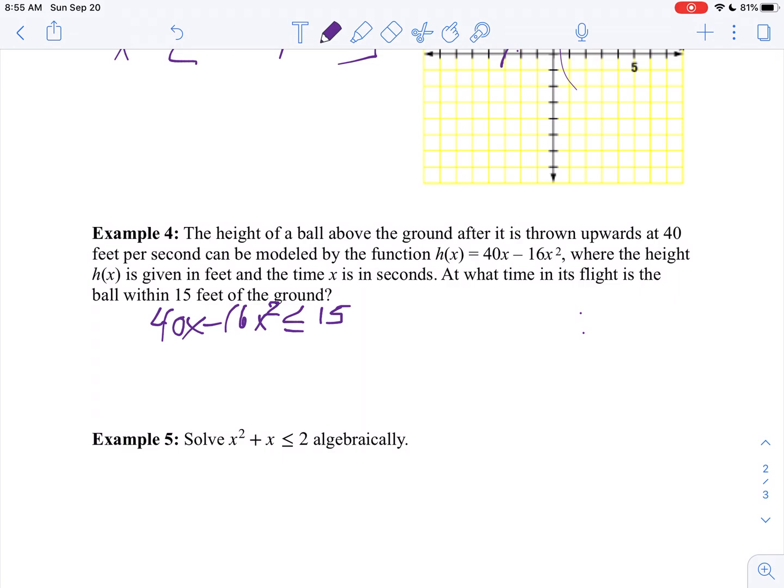So I'm going to say negative 16x squared plus 40x. I also want it to be less than or equal to 0, because to graph the related functions, we want it to be 0. So move the 15 to the other side. So minus 15 is less than or equal to 0. So now let's graph that.